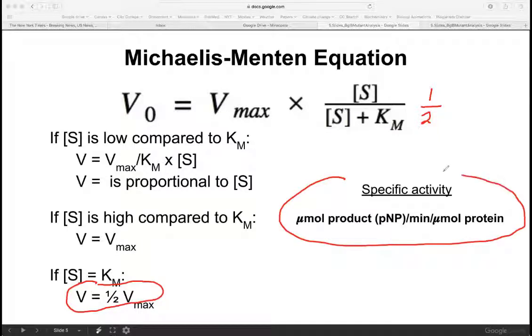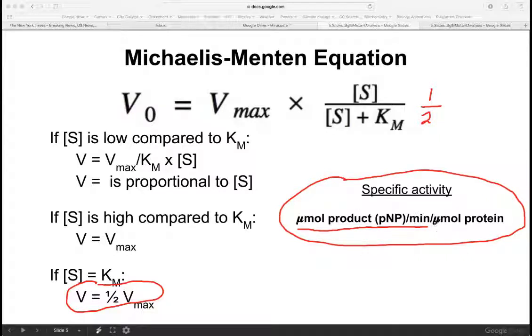Specific activity. In the end, that's what I want us to measure, specific activity. That is the micromoles of product, and in this case, the product is paranitrophenol, per minute per micromole of protein. If we deal with just the first part of this equation, per minute, that's the reaction rate, the amount of product formed per minute.